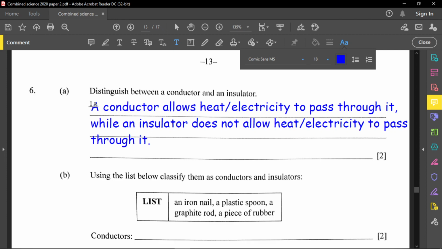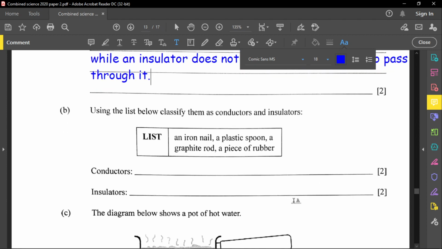All right, so next part of the question is using the list below, classify them as conductors and insulators. Here we have an iron nail, a plastic spoon, a graphite rod, and a piece of rubber. So the iron nail is a conductor. It will pass through it easily.